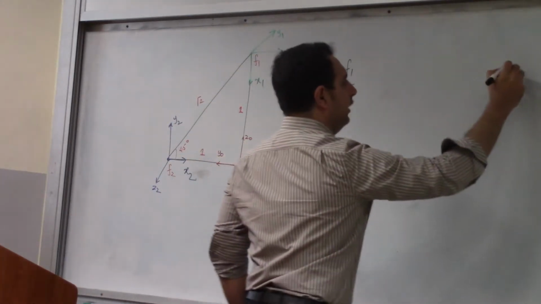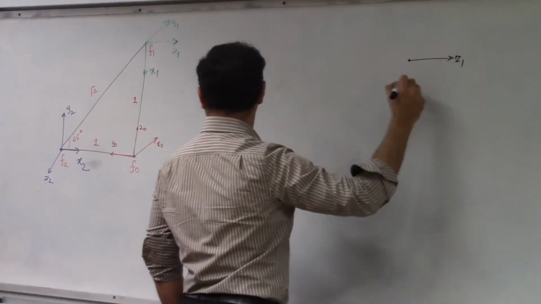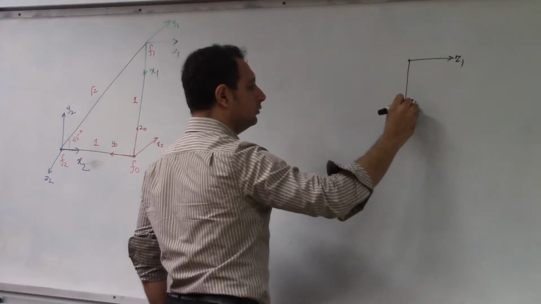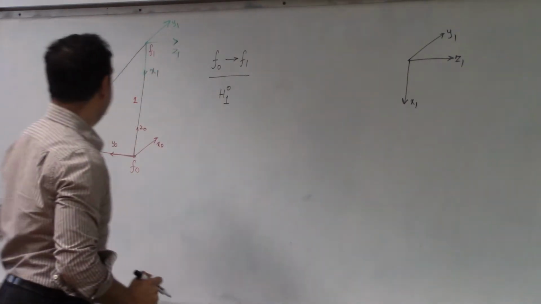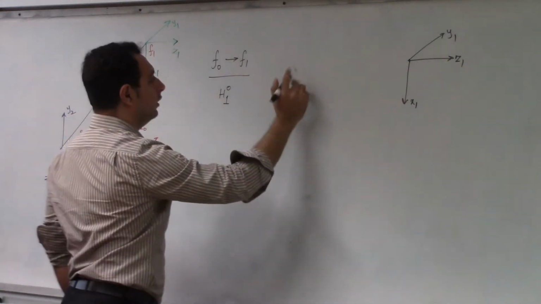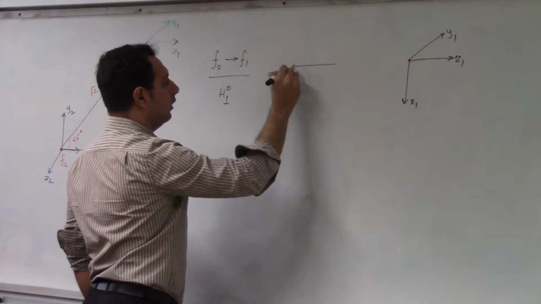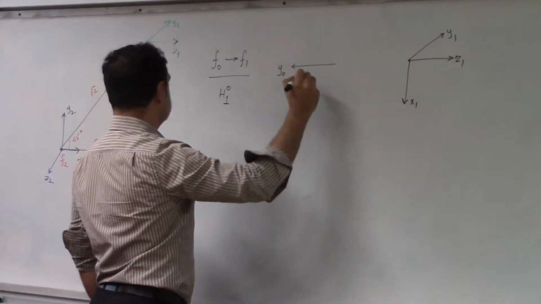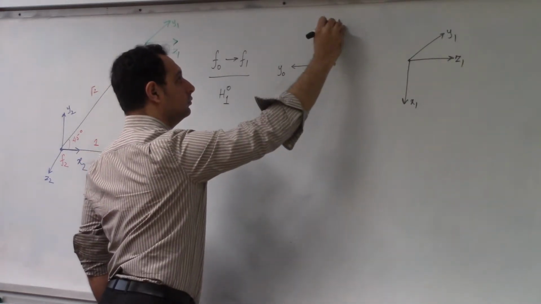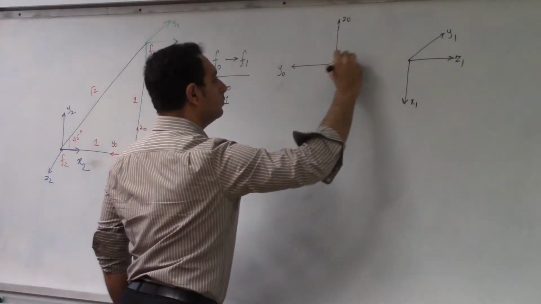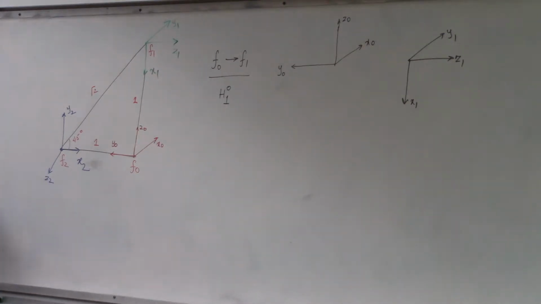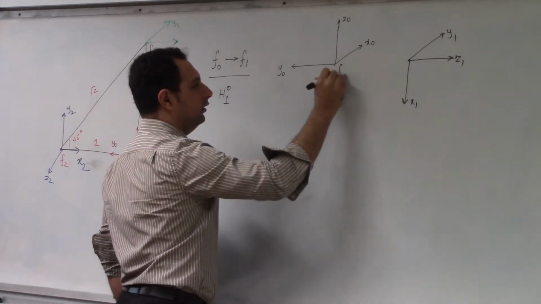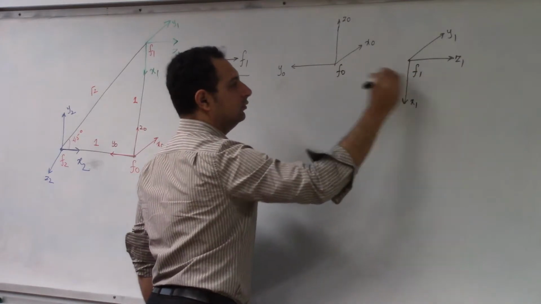So our eventual frame should be this, which is X1, I'm sorry, Z1, this is X1, and this is Y1. We're starting with this frame, X naught, Y, so you want to go from here, F naught to F1.